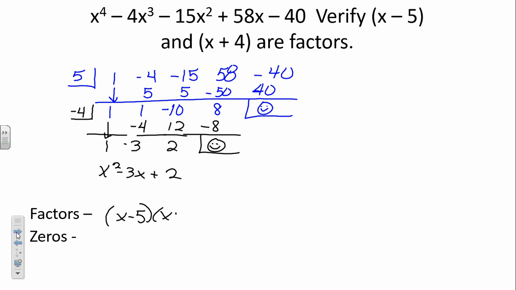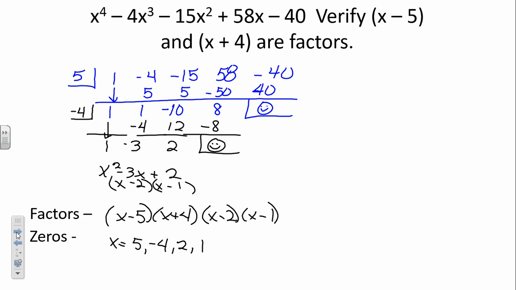So is x plus 4. What would this factor into? Minus 2 minus 1. So x minus 2, x minus 1. And so the zeros are 5. Exactly. Okay, you got to be able to switch between those very easily.